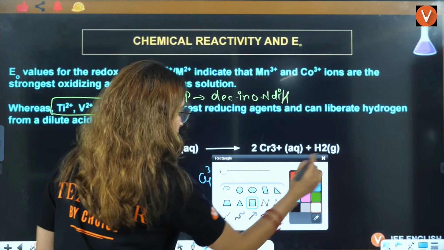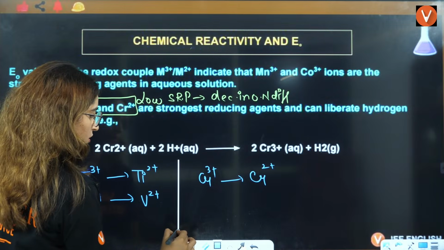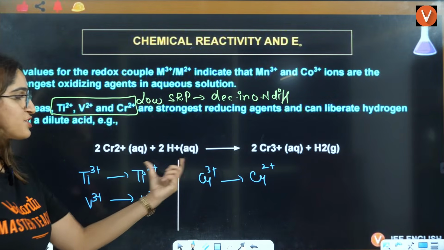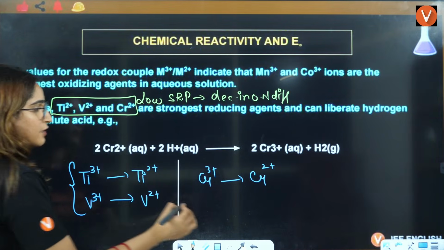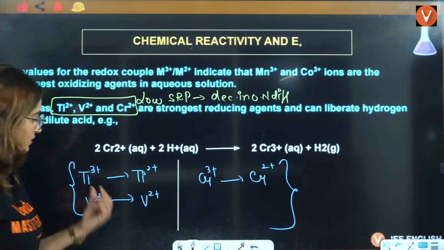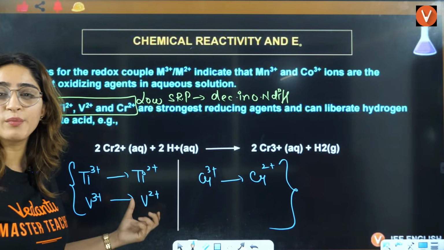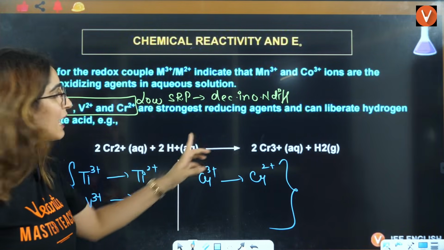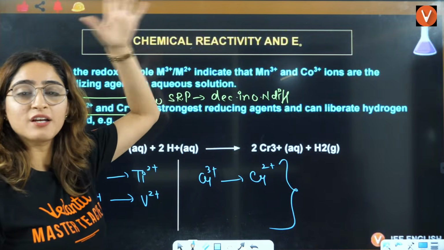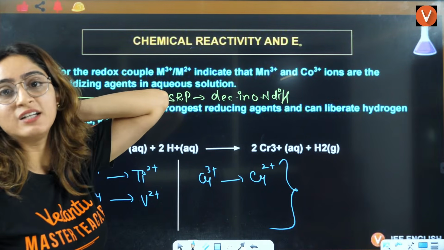Is this particular transition difficult or easy? These transitions are difficult or easy? Oxidation number decrement, standard reduction potential is low here. That means decrease in oxidation number will become difficult, right?